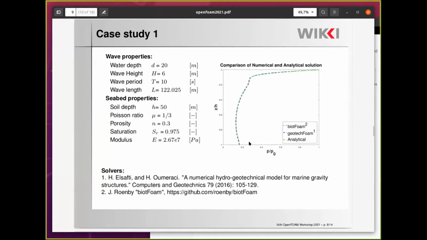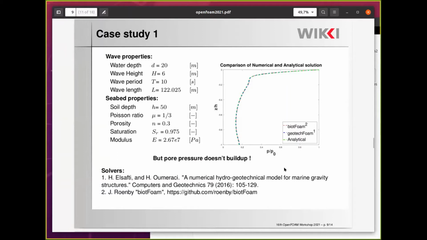Here I have the results for the pore water pressure plotted against the seabed depth. I can see that the results are very close to the analytical results. The solver that I used was an older one, which I just modified. The solvers that I used were geotechFoam and then bioFoam.